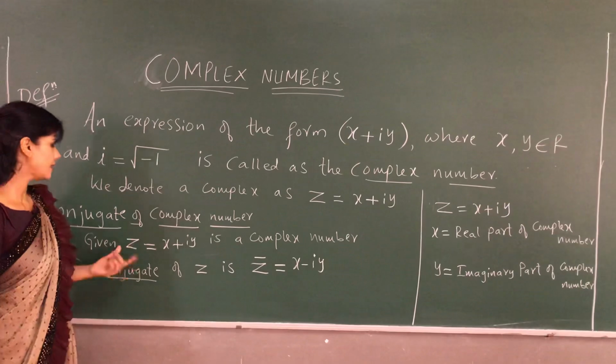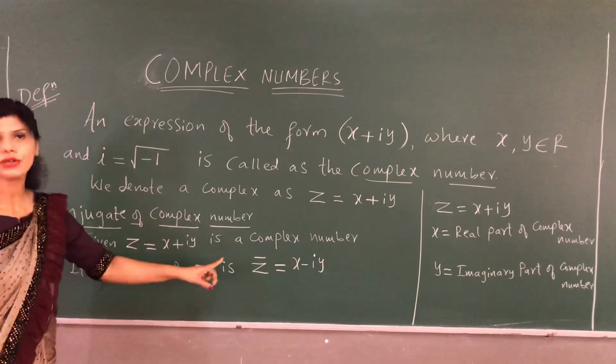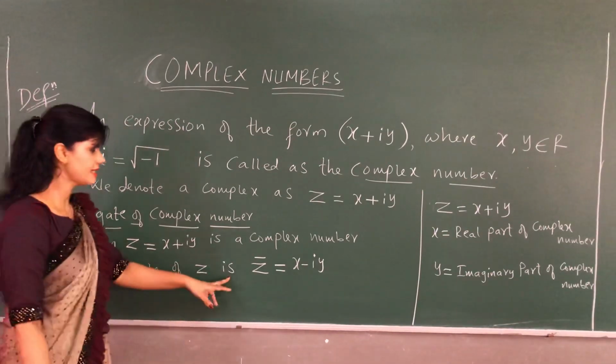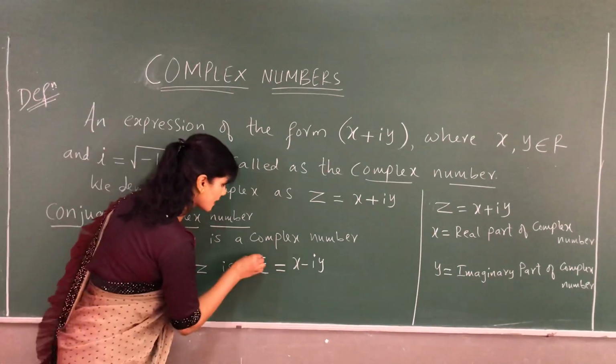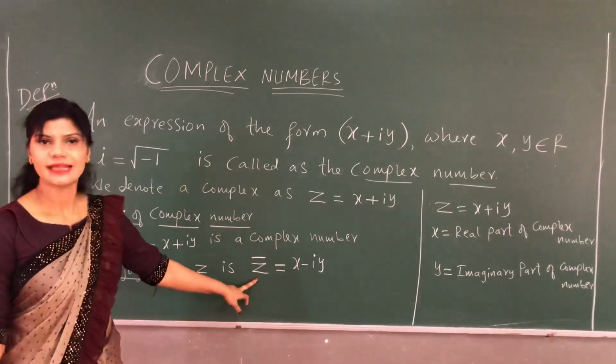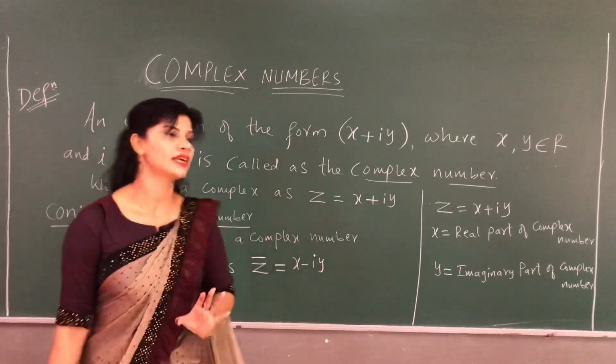So z is the notation for the complex number, children. Z is equal to x plus iy. Its conjugate is denoted by z bar, and it is none other than x minus iy, children.